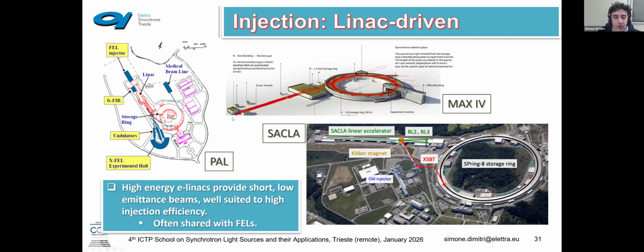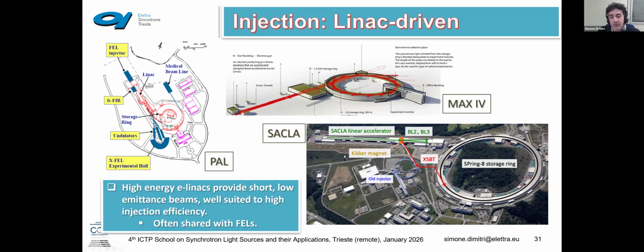And this long LINAC, in the two cases in Asia I mentioned here, is also used to produce another kind of radiation, that of a free electron laser, which is another kind of object I'm not discussing today. In the Max IV case, instead, there was a plan to make a free electron laser with a long LINAC, but so far they have been producing just short light pulses at the level of a sub-picosecond time scale.